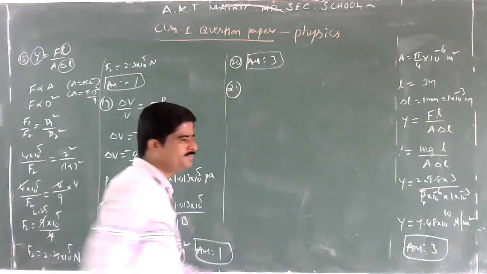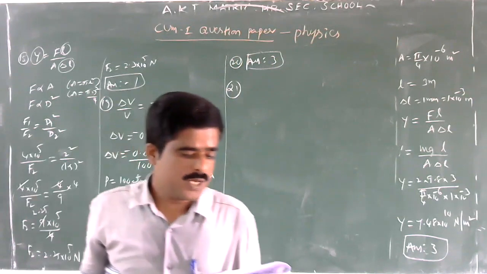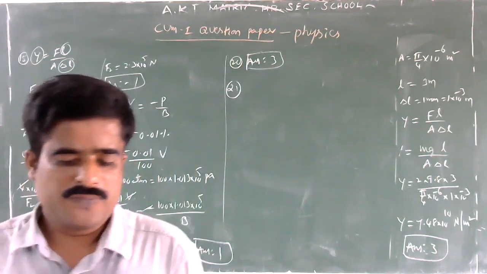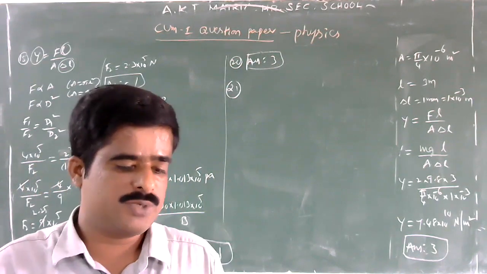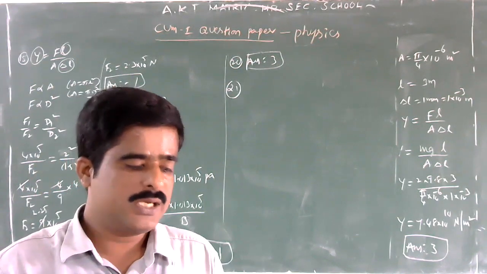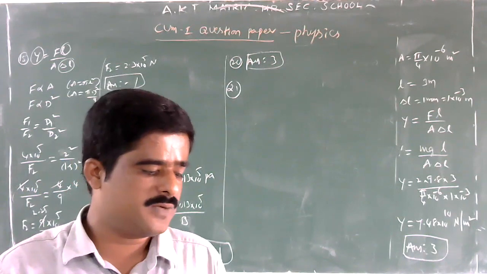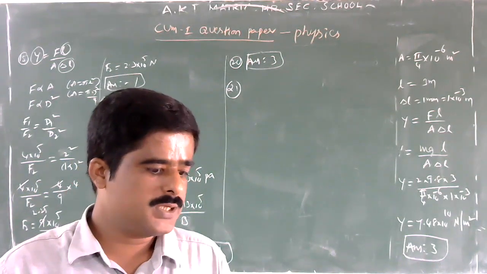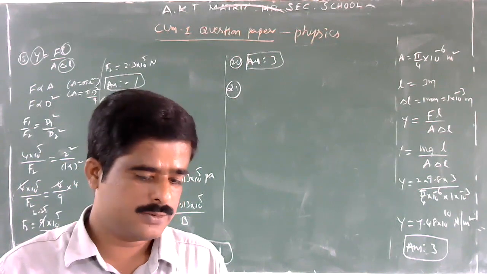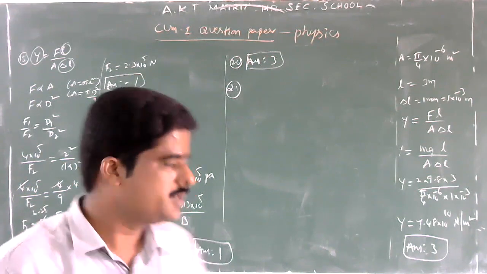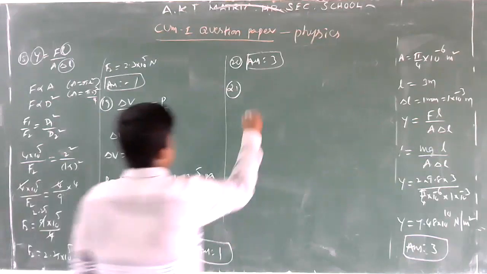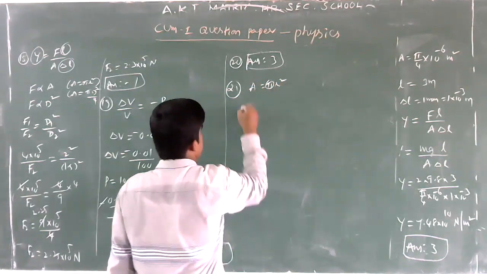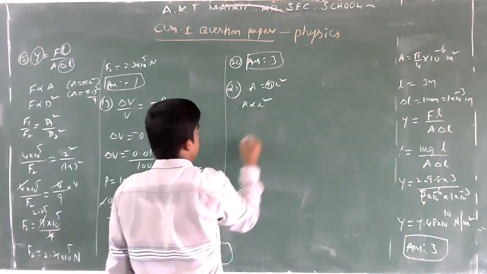Next, 21. The Poisson ratio of a material is 0.5. If a force is applied to a wire of this material, there is a decrease in the cross-sectional area by 4%. The percentage increase in the length is? Generally we know that area of cross section A is equal to pi r square, pi constant. A is proportional to r square.